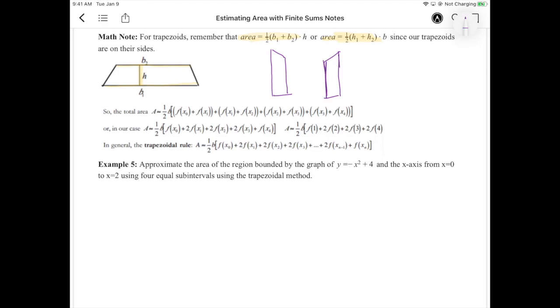But we have more vertical trapezoids. So we're actually going to use this equation more. We'll have our base, and then the averages of our two heights. So these are what our trapezoids will look like. We take the average of the height, multiply times the base.